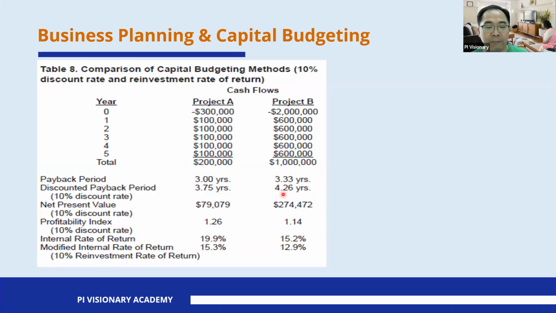And also the payback period, not a big difference. And discounted payback period, 4 years and 3 and 7 years.